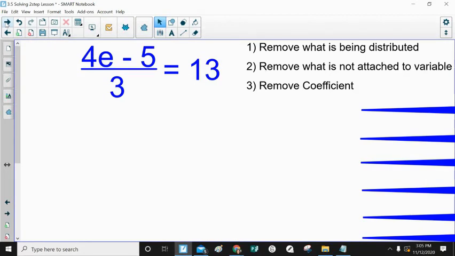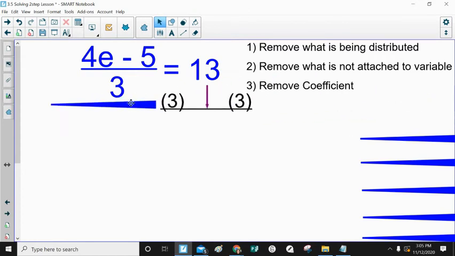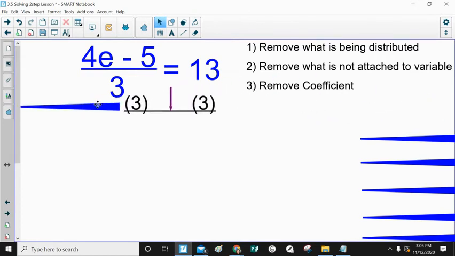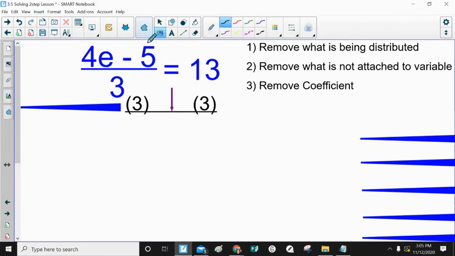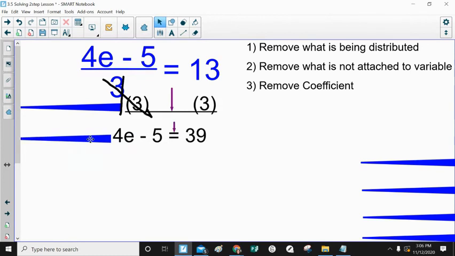I'm going to remove what's being distributed to the left side of the equation. And since that 3 right now is a fraction, it's showing division. So I'm going to multiply the whole equation by 3. And by doing that, the 3's on the left cancel out. And I am left with 4e minus 5 equals 39.